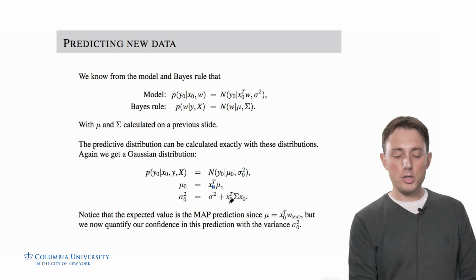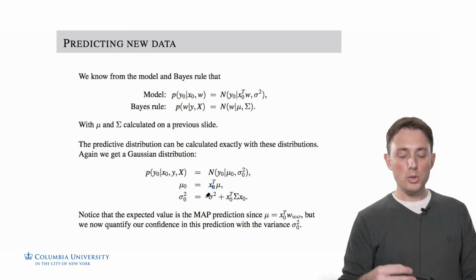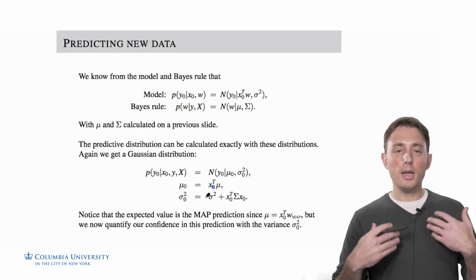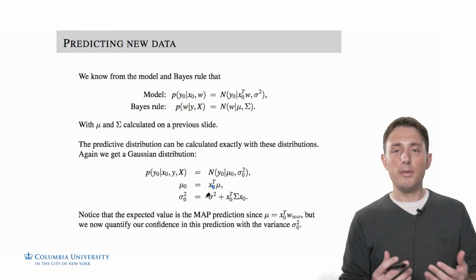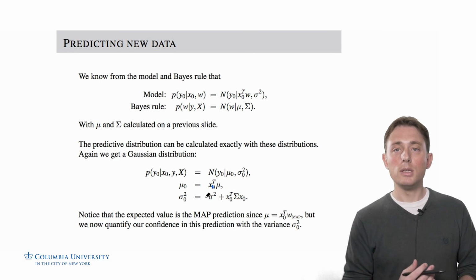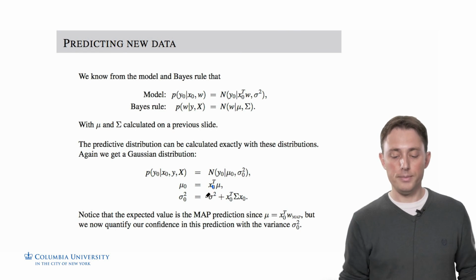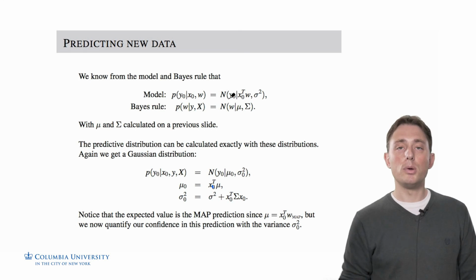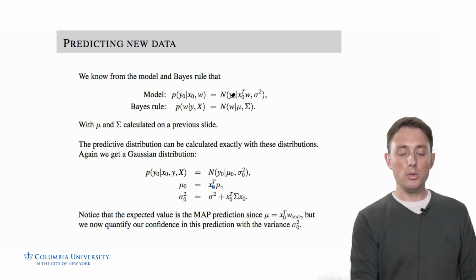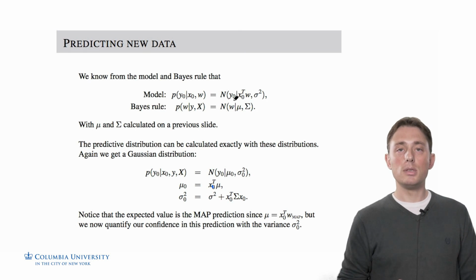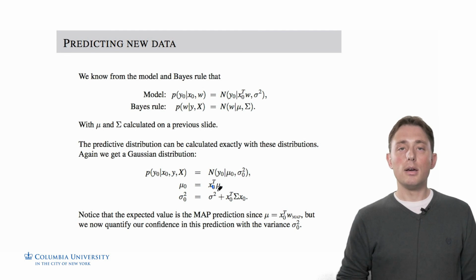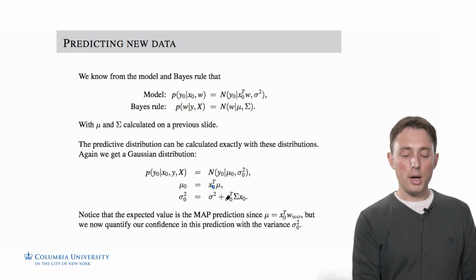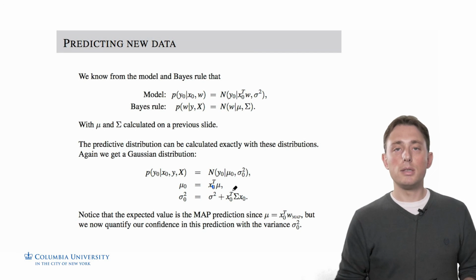But now we have this additional variance, which is used to give us a sense of how confident we are in what w is, which we couldn't have before because we used a point estimate to solve for it. Whereas now we have the posterior distribution of w, and so our uncertainty of w is contained in this distribution, and we can then use that uncertainty to propagate it forward to the predictive distribution.